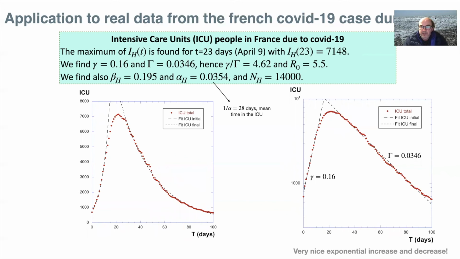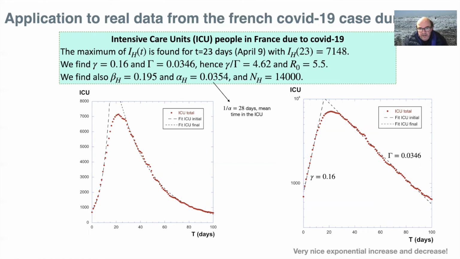Again we see an exponential increase and exponential decrease, with small gamma 0.16 and capital gamma 0.0346. We compute the ratio, which is 4.62, and this gives R naught equal to 5.5. So it's a large R naught, as before, but a bit smaller. We can estimate the two parameters beta and alpha, and also the number of people, which is 14,000.